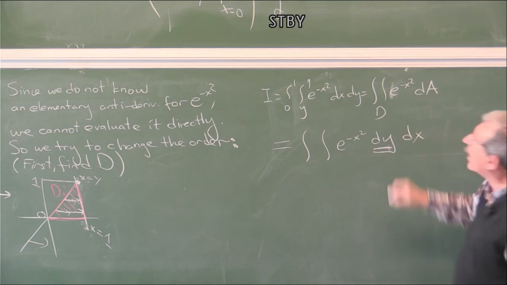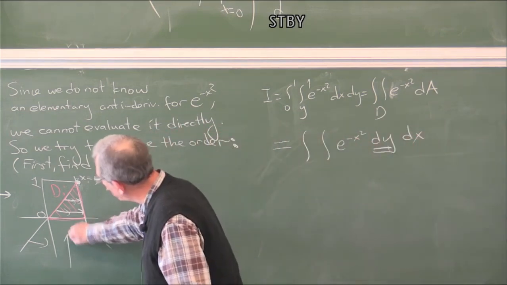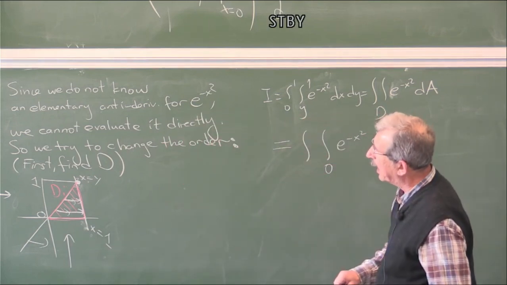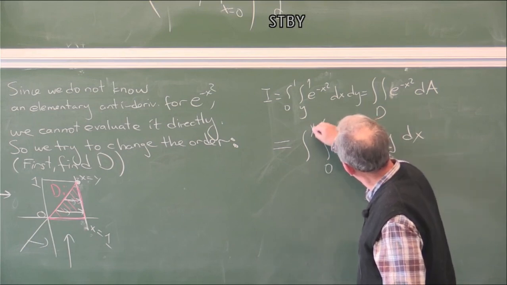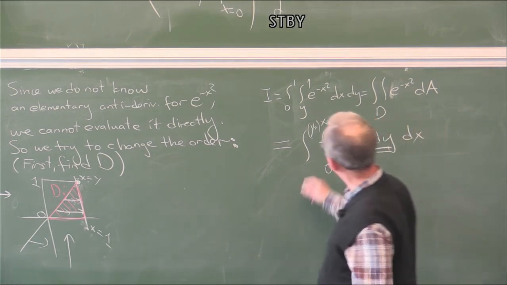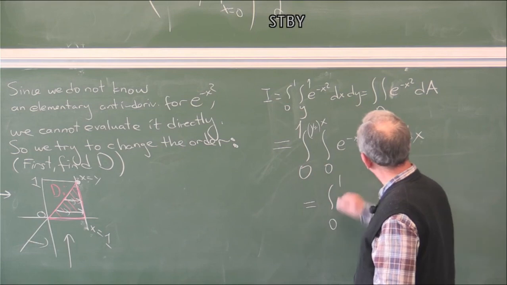So we look in the y direction now. That means we look from the bottom towards top. y changed from 0 up to y equal to x. And x changed from, as you see from there, 0 to 1. So this is 0 to 1.